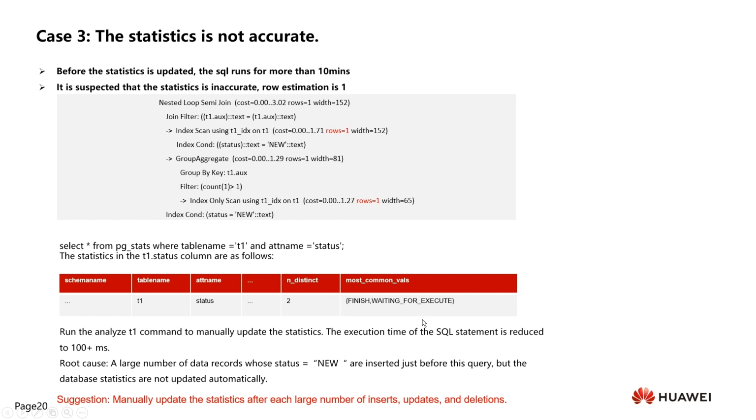So the solution here is obvious. We need to analyze the table T1, and after the analysis operation, the execution time is reduced to over 100 milliseconds. So it is always good practice to manually update the statistics after each large number of insertions, updates, and deletions.